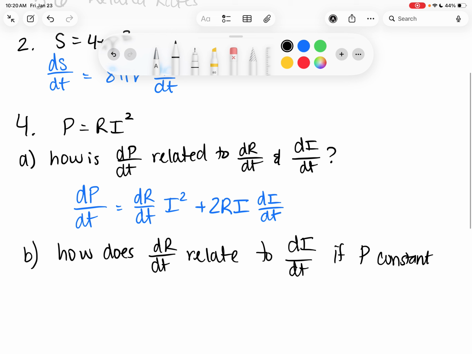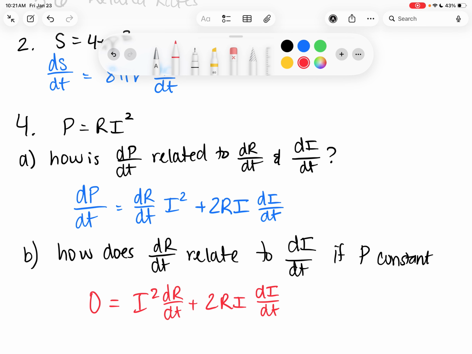If P is constant, the only thing that changes from my original equation is that dP dt is just going to be 0. So we would have 0 equals I squared dr dt plus 2ri di dt.